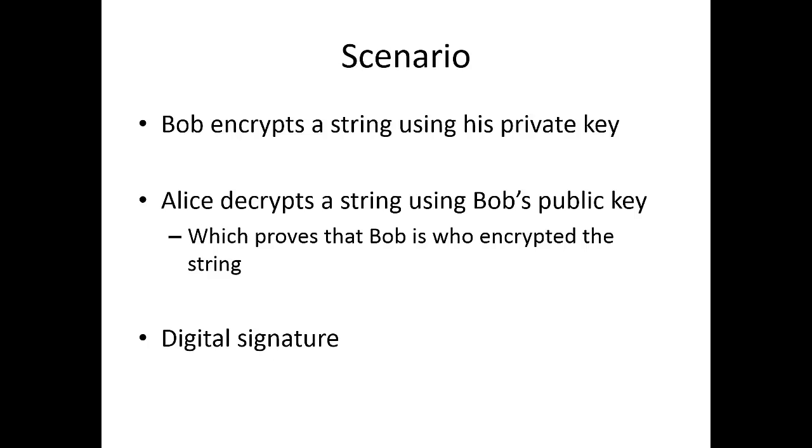In the digital signature scheme, we actually encrypt something called a message digest instead of any random string. So what is a message digest then? A message digest is simply the hash value of a message.